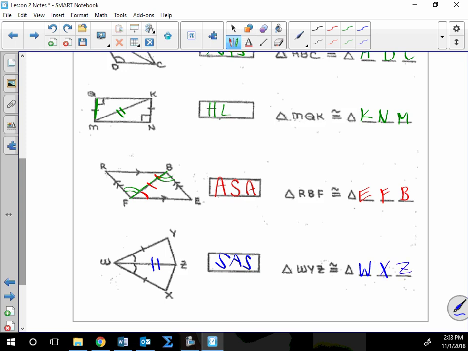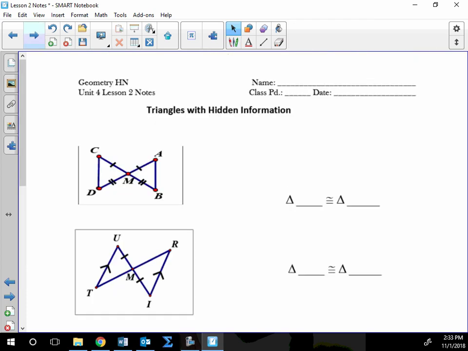Alright, do you guys agree with what's up here on the board? Awesome. Questions so far? Okay, let's take a look at our next page. Again, still those same five shortcuts, just different types of geometry.